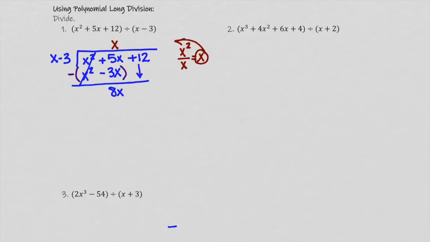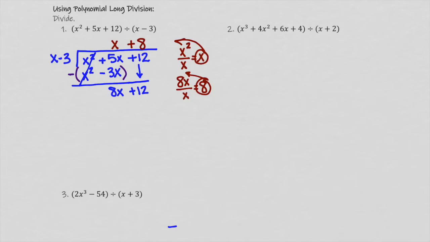I need to bring down the next term. So I have a plus 12. And I need to find the next term that goes on top there. So I'm going to take 8x and divide it by x. And I get 8. So that's the next term along the top. So it will be x plus 8.